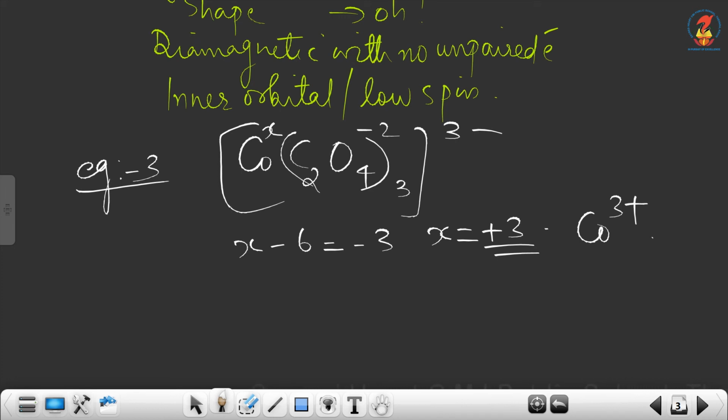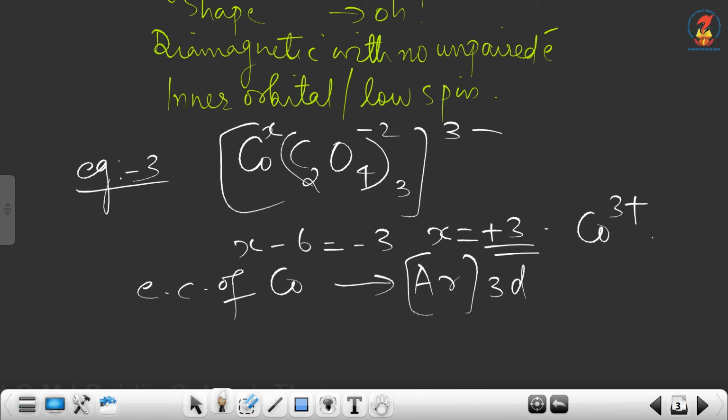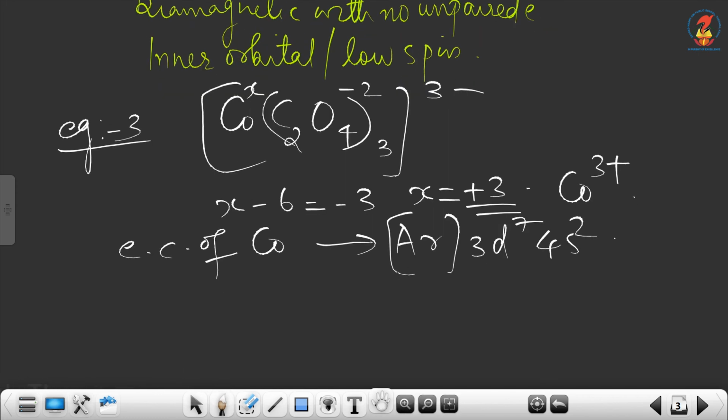Now next I am going to write the electronic configuration of cobalt in ground state. What is the configuration? Argon 3d7 4s2. After iron comes cobalt. So 3d7 4s2.